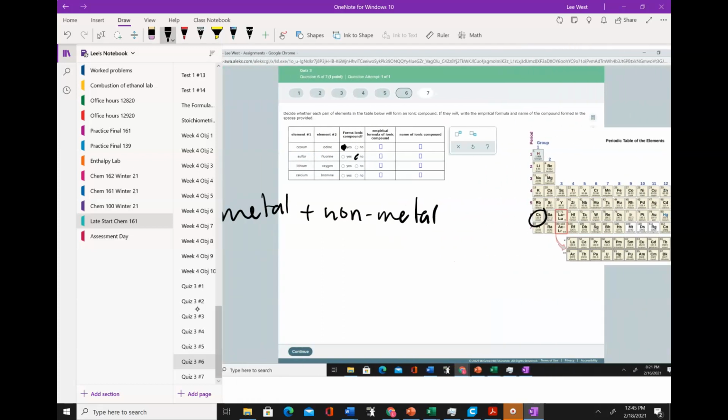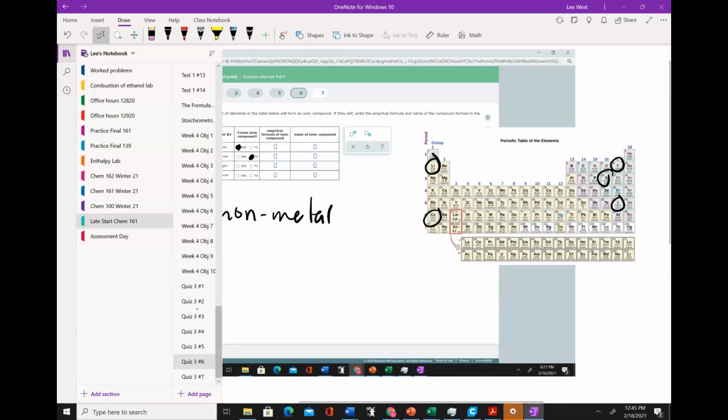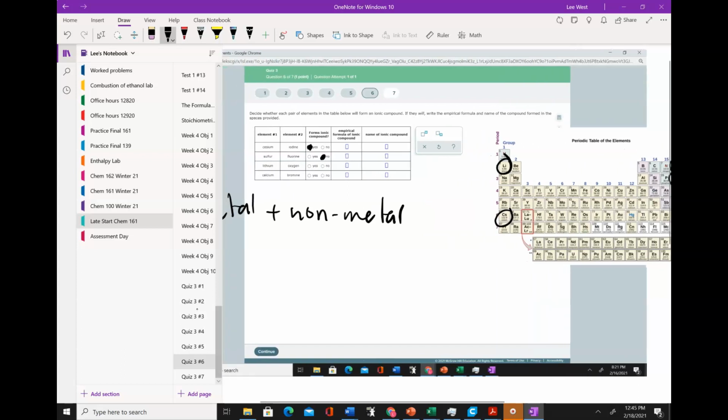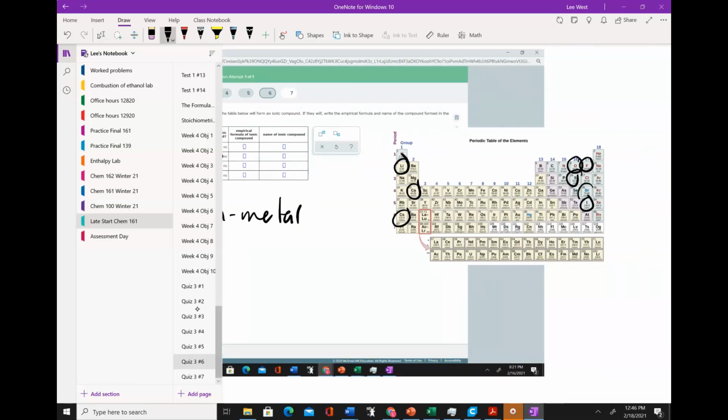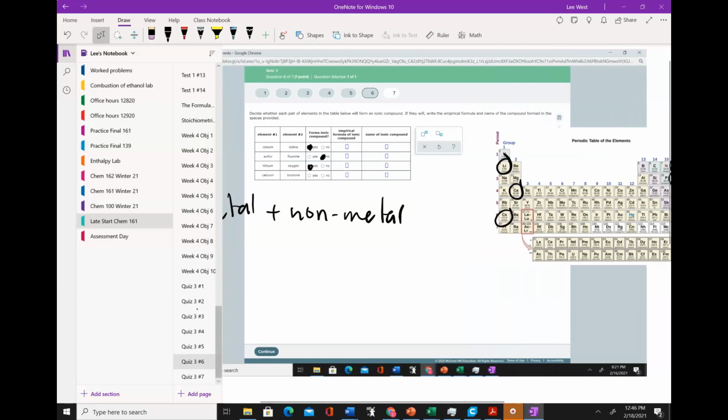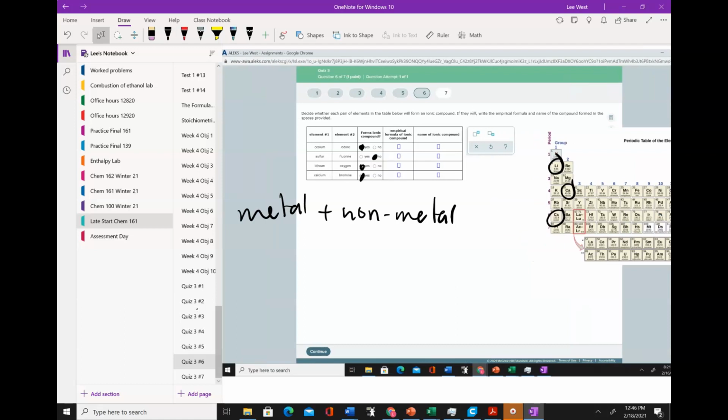So no, hallelujah, that's one less that we have to figure out the formula for. And then we've got lithium with oxygen. Yes, that's a metal with a non-metal. So it forms an ionic compound. And then finally, we got calcium, which is a metal, with bromine, which is a non-metal. So yes, it forms an ionic compound.